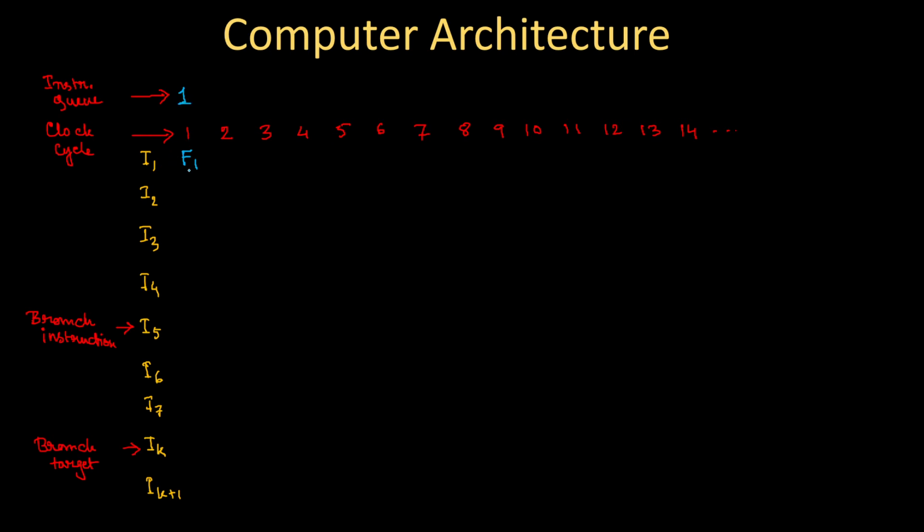After the first clock cycle, it goes from the queue to the decode stage, so the queue becomes empty, but at the same time instruction 2 enters the pipeline, and after fetching enters the queue.